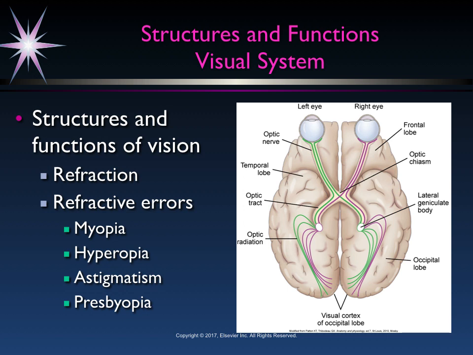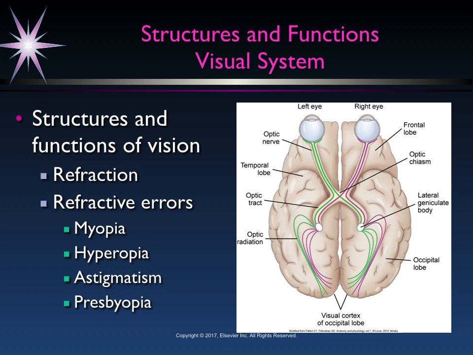The types of refractive errors are nearsightedness and hyperopia or farsightedness. Astigmatism is an uneven curvature of the cornea which results in visual distortion. And presbyopia is the loss of accommodation that results in an inability to focus on near objects.